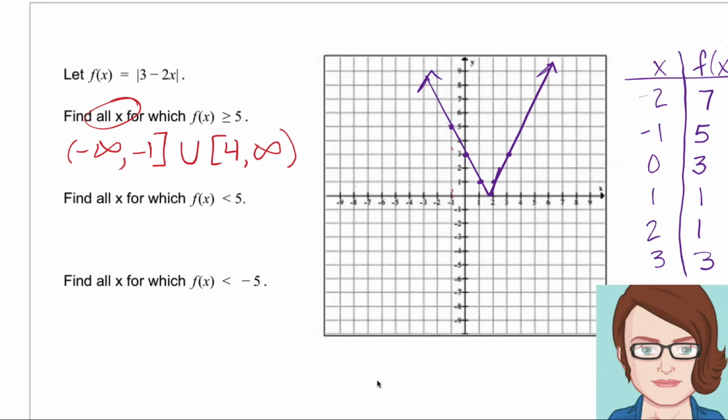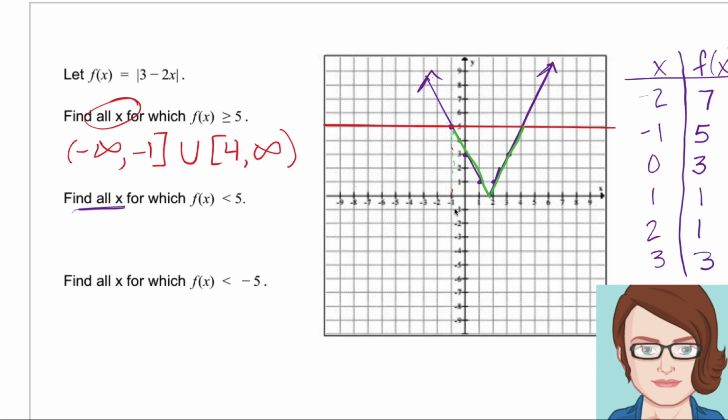Okay, for the next problem, we want to find all of the x's for which the function has an output less than 5. Remember, 5 is the output. We want to know when the function has an output, the y value, less than 5. Well, the function is less than 5 when it is below that red line. So again, we want to know what the x's are. When we solve things, we are solving for x. So we come down to the x-axis and we're at -1.